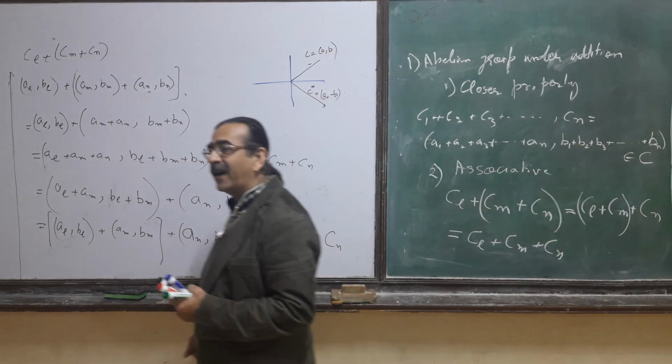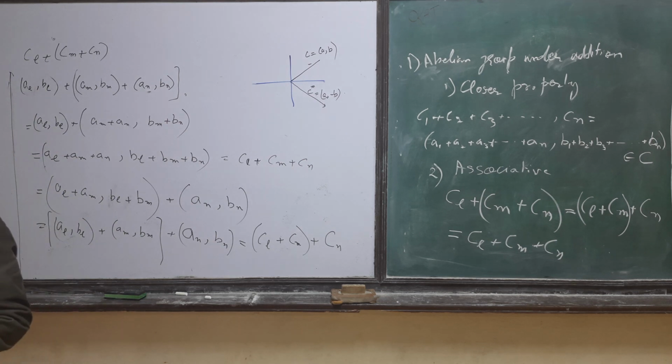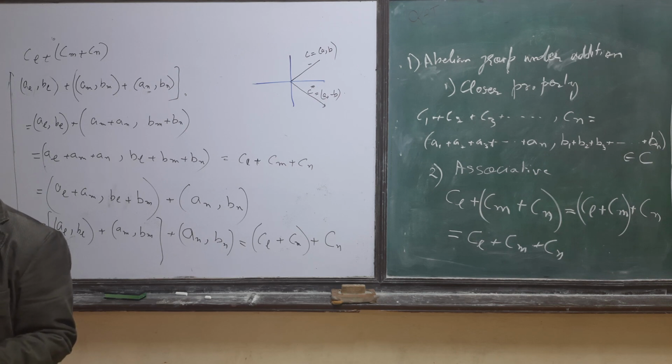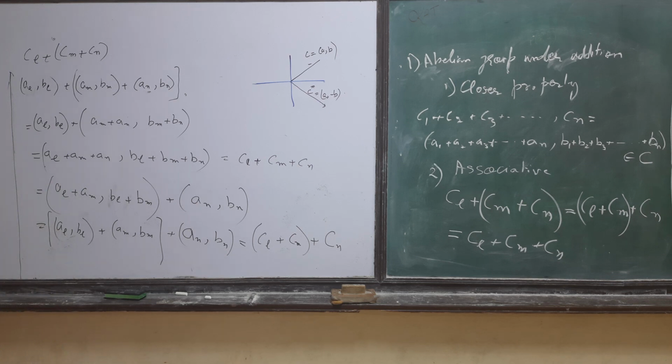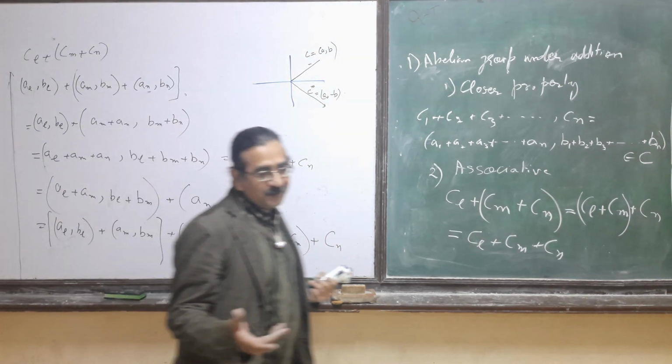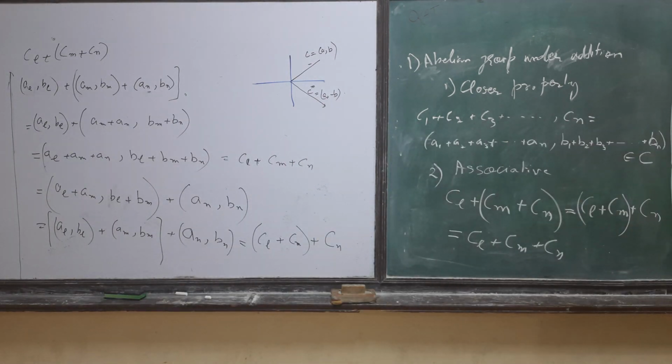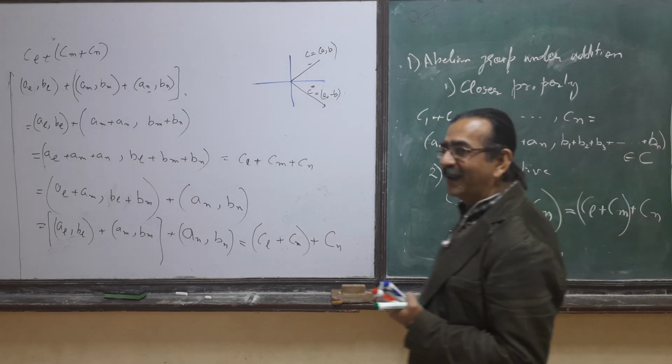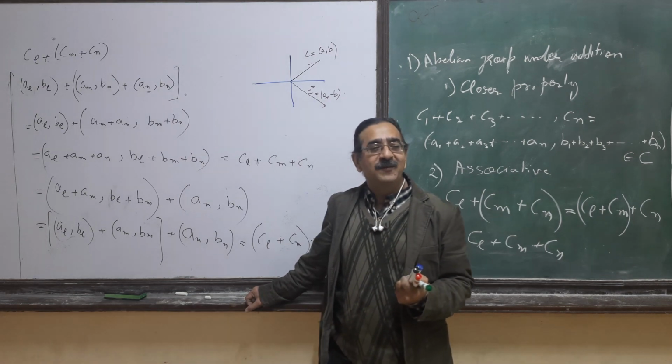Whenever you take a shortcut in theoretical physics, your results are very surprising, and you become very excited and start dancing that I have proved a new thing and I must be awarded the Nobel Prize. But actually that result was wrong because you have done a wrong calculation. That's why it was surprising.